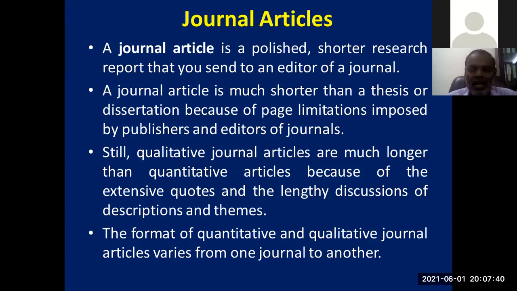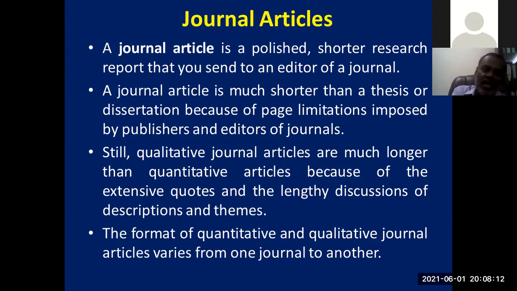A journal article is a polished, shorter research report that you send to the editor of a journal. You are not going to send 100 pages of your master thesis. You are going to reduce your 100-page report into 5 to 7 pages of journal article for the purpose of getting approval from your journal editor.